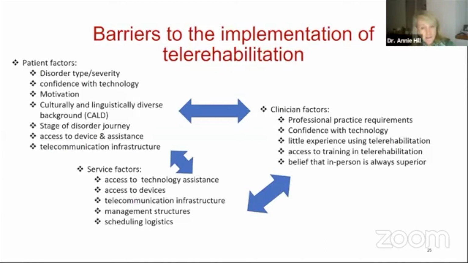The clinician factors as well, professional practice requirements, their confidence with the technology, what sort of experience they have, access to training, and also a belief, whether or not they hold a belief that in-person services are always superior.